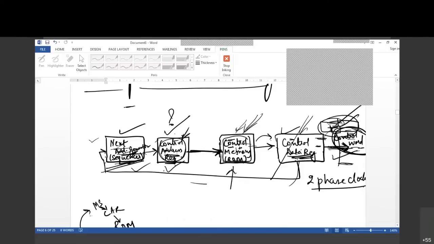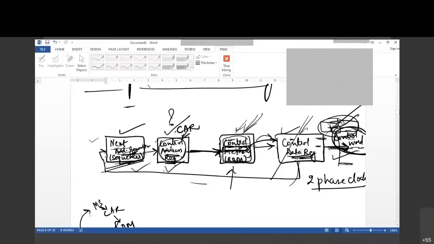We'll be calling this register CAR. Wherever you look in the book, it is designated by the acronym CAR. So this control memory receives address from CAR. And when it receives the address, the instruction from that particular address is fetched and stored in the control data register.